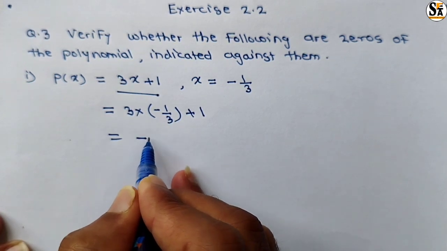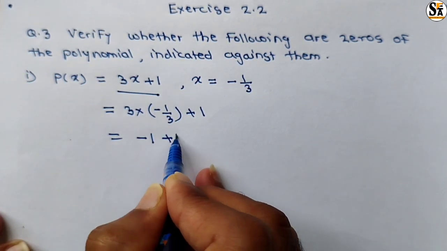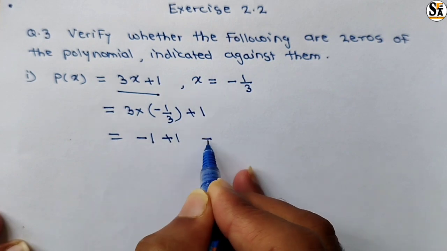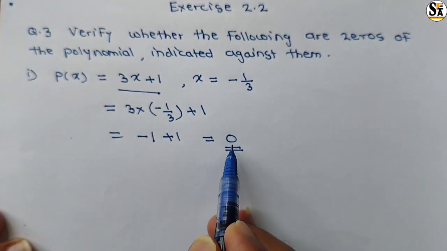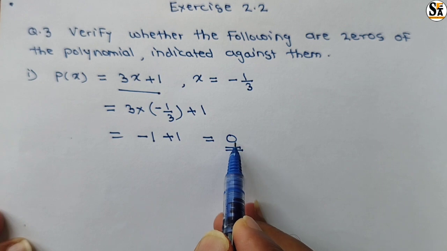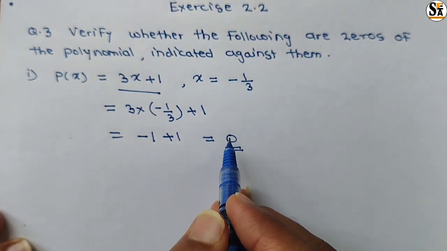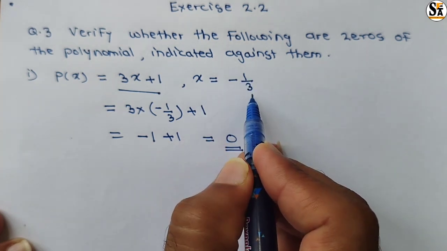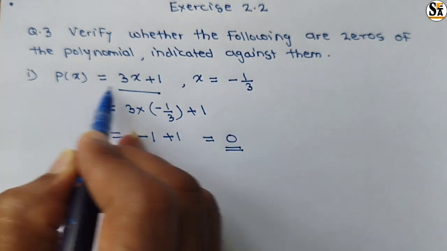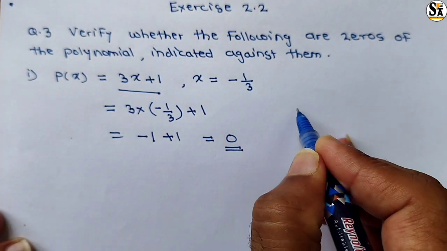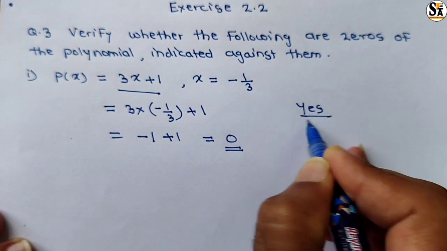So only minus 1 will remain here, plus 1, minus 1 plus 1, that is equal to 0. As we are getting the value of the polynomial equal to 0 if we put x equal to minus 1 upon 3, we can say x equal to minus 1 upon 3 is the zero of this polynomial. So our answer for the first one is yes.